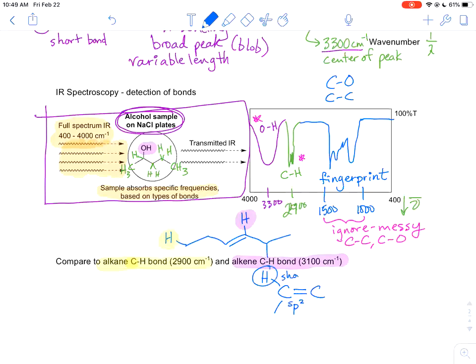This means that it's a shorter bond, and that's why we end up with a higher stretching frequency. In the example of an alkane, these are all just single bonds, so if we're highlighting one, this is sp3 hybridized. This is a bit of a longer bond, and that's why we see a lower stretching frequency of 2900. Okay, so those are just some other examples that'll be helpful to you when you're setting stuff up.